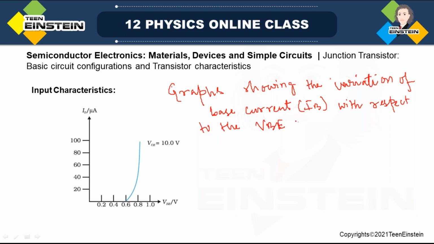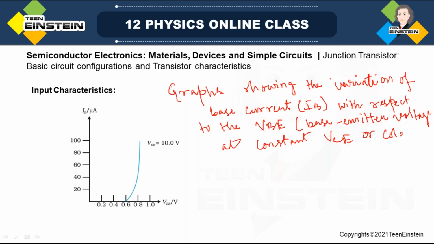This is actually called base emitter voltage, at constant VCE, or collector emitter voltage.